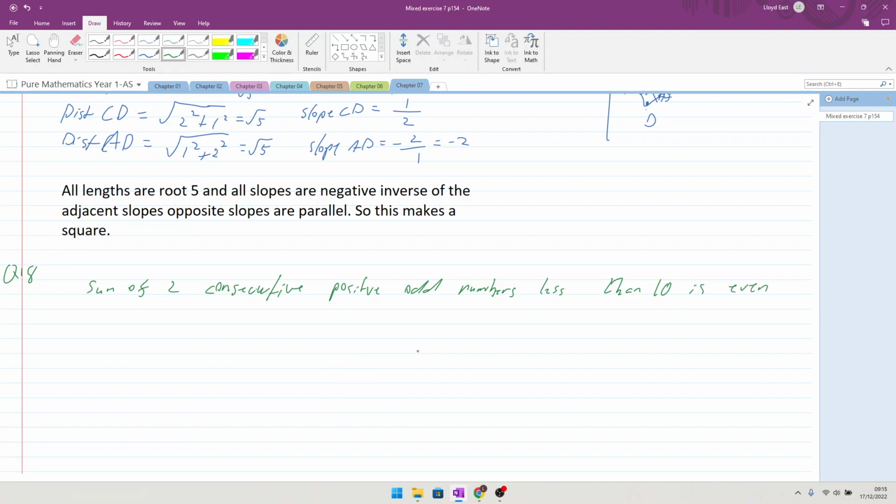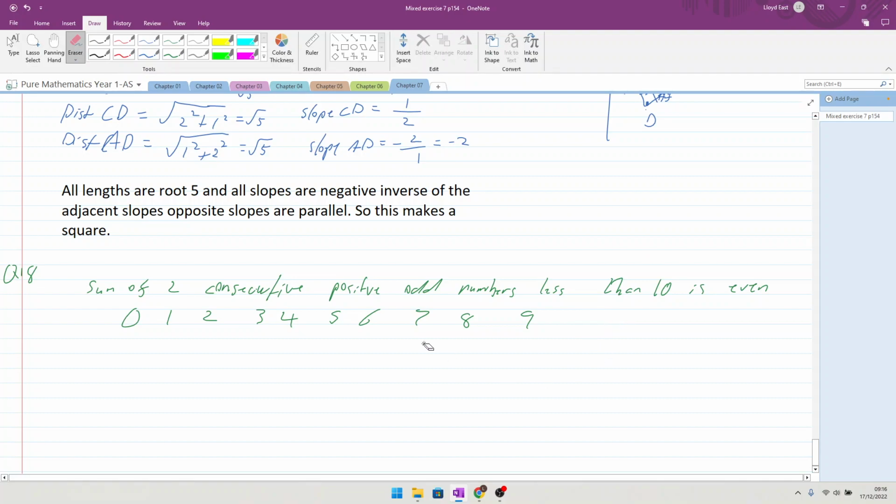Okay, because there are not so many numbers less than 10 that are positive, I am going to just do this by exhaustion, and I'm going to write down all of the numbers. Okay, so numbers that are less than 10.